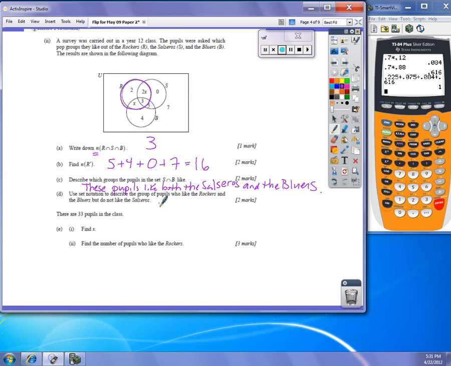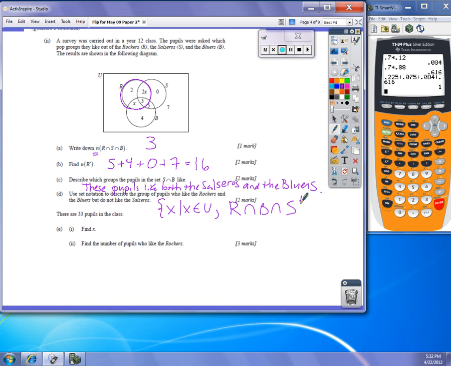So you can say X such that X is an element of the universe, and we want them to like Rockers and Bluers together, but they don't like Salseros. So they like everything but the Salseros.